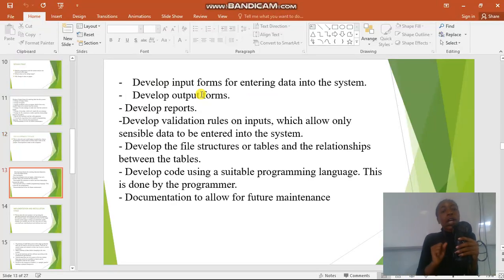This is when the programmer and the system analyst use the computer to code, using different programming languages, to make sure that the system is working, there is no problem, and that all the features are being met to allow future maintenance.